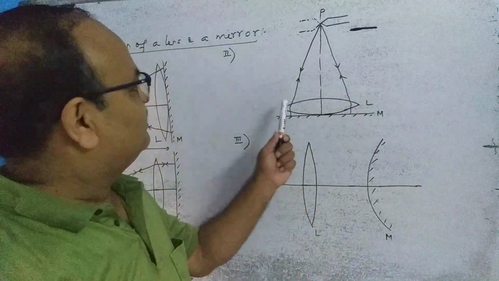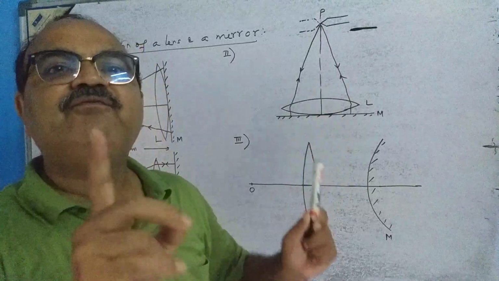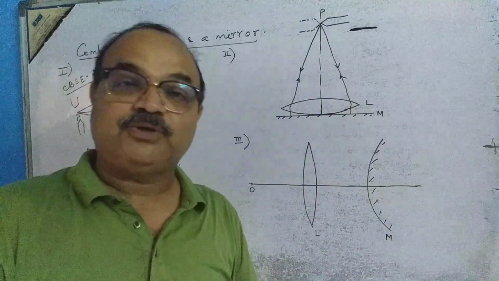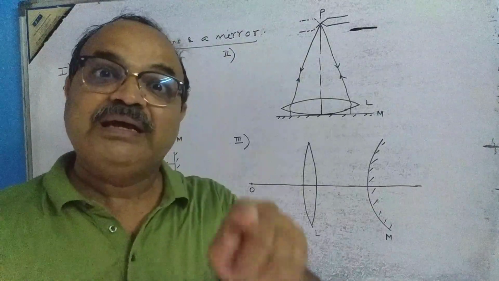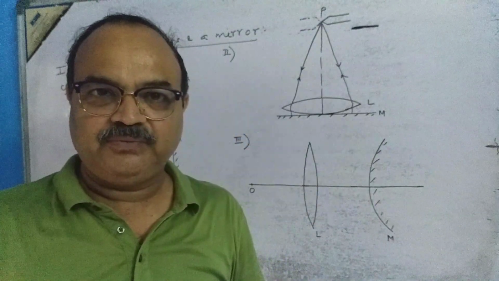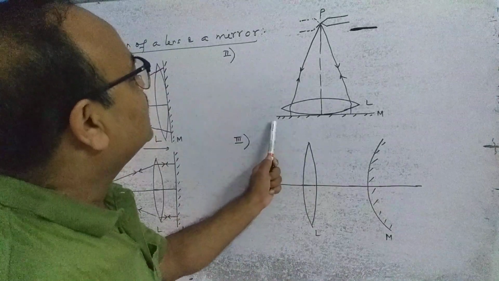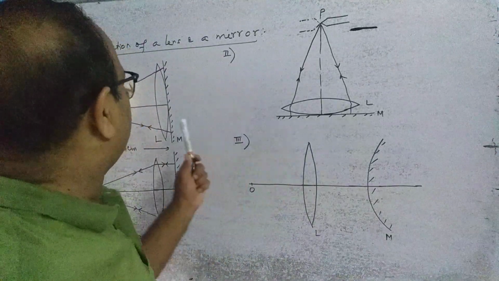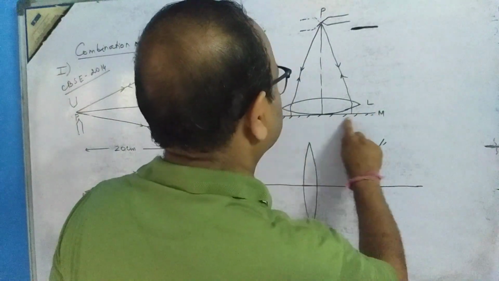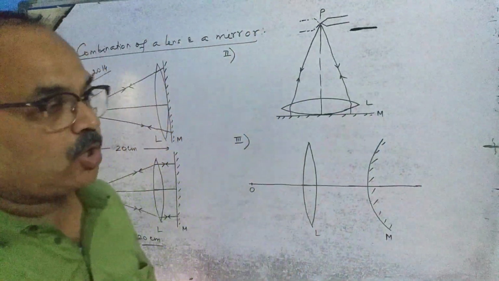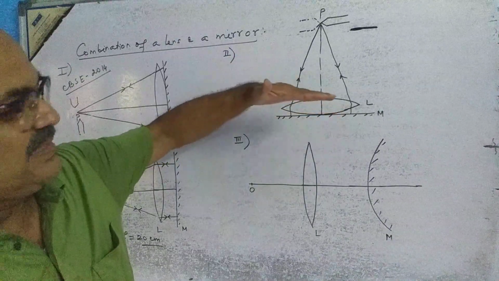This case will be helpful to solve that question. That question has also been asked in the board examination, and I have given it in the assignment. You will see once, here also the same thing happens: there is a plane mirror, and on it a convex lens is placed.